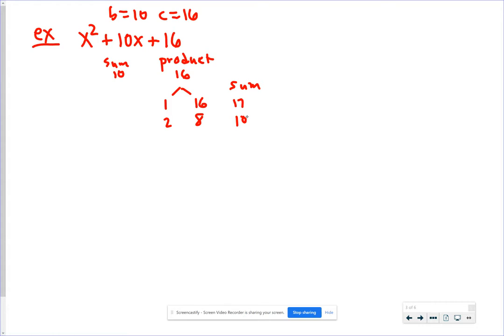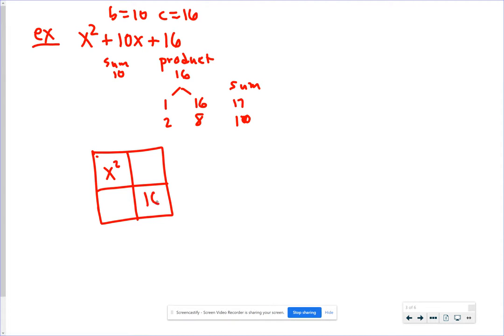There, we found it. So what we're going to do is we're going to create a table. And in that table, I'm going to take my polynomial x squared plus 10x plus 16, and I'm going to write it a little differently. The x squared is going to go in the upper left corner. It's the first term. It gets to go in the first box.